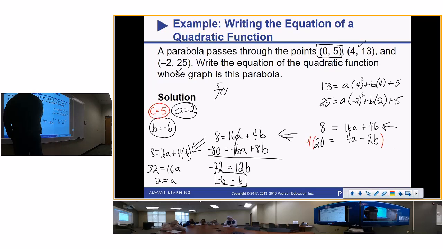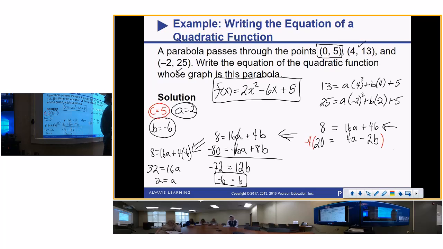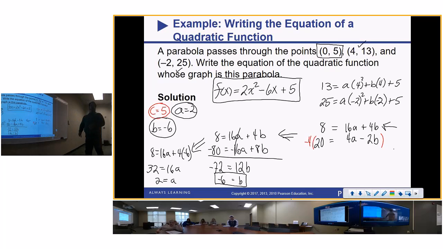F of x is equal to 2x squared minus 6x plus 5. It's a miracle. And you just found the equation for those 3 points.